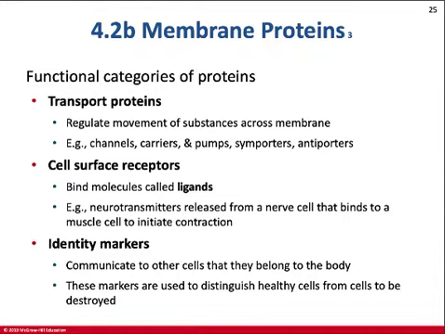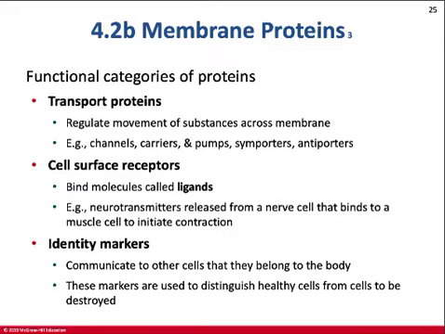Transport proteins regulate movement of substances across membrane. They include channels, carriers, pumps, symporters, and antiporters. An antiporter moves two components in opposite directions across the membrane, while a symporter moves two components in the same direction. The ligands are what bind cell surface proteins called receptors.